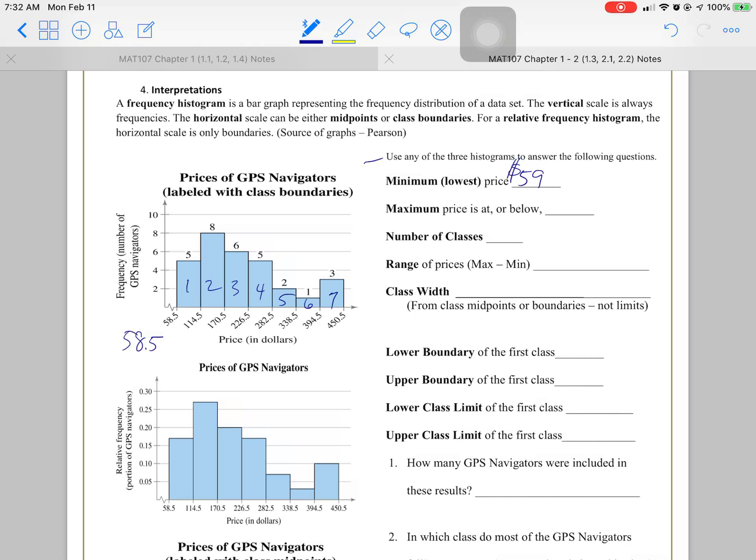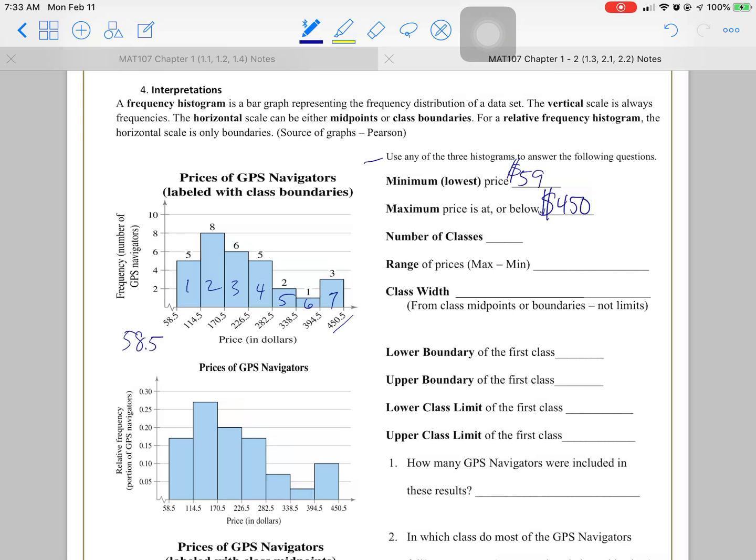But the last bucket, class number 7, had to be big enough to hold the last price, whatever it was. It can't be any larger than the last boundary, so it's a half below the last boundary, which is $450.